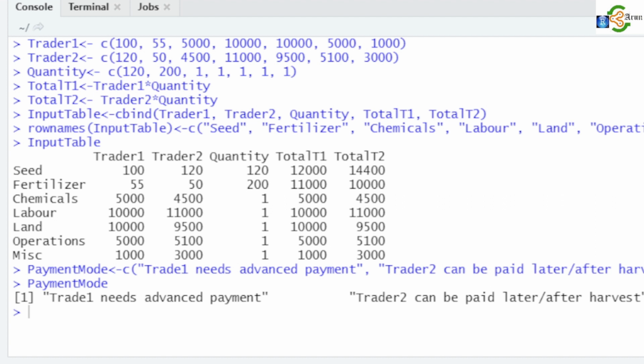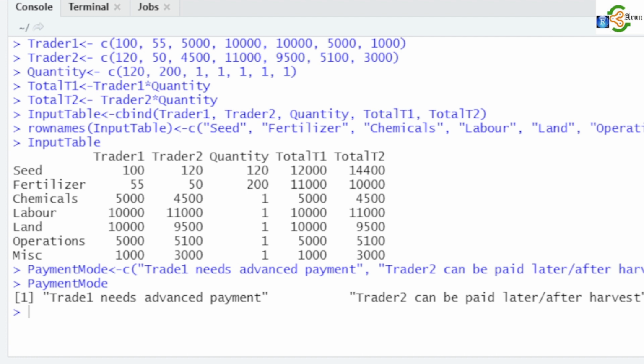But in the case of trader 2, you can pay later on. That is the flexibility you have.